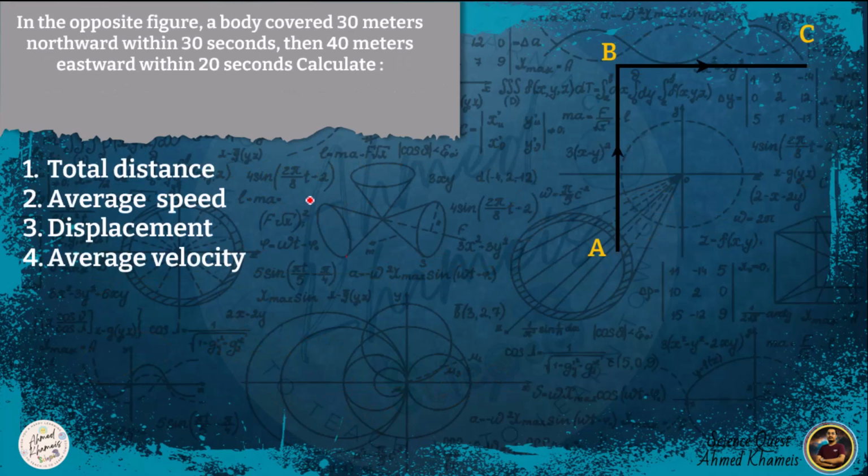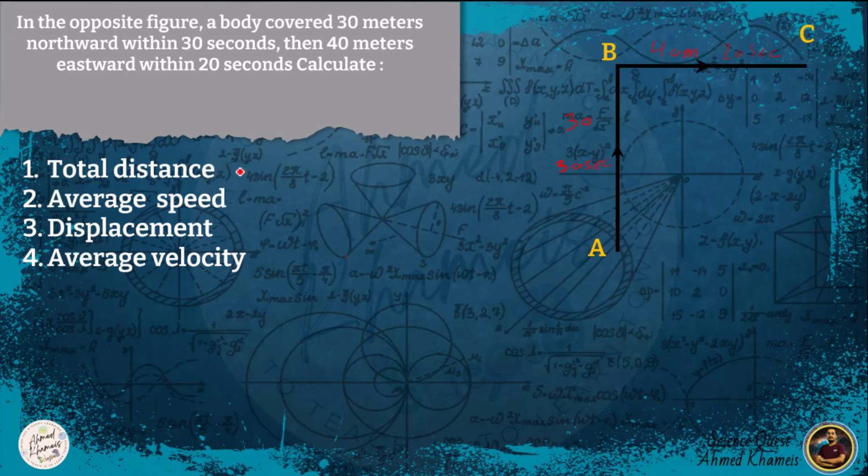In the opposite figure, a body covers 30 meters northward within 30 seconds. So northward from A to B, 30 meters in 30 seconds. And then 40 meters eastward within 20 seconds. So 40 meters from B to C in 20 seconds. Calculate the total distance.